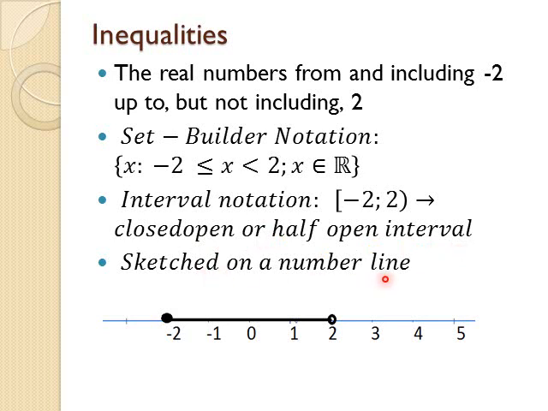Sketched on a number line, it's equal to negative 2, so I have a solid closed dot at negative 2, but less than 2, so there an open dot. In between we draw the line because x is an element of real numbers, so including minus 1.5, a half, etc., and the decimals. Hope you follow. Next problem.